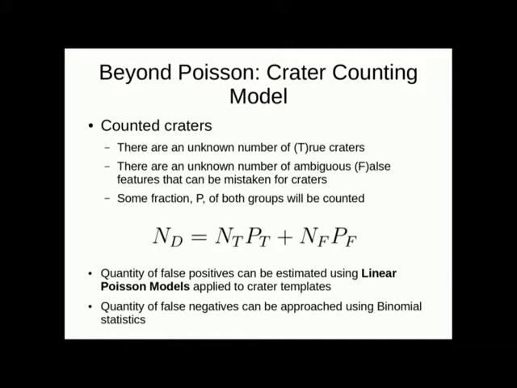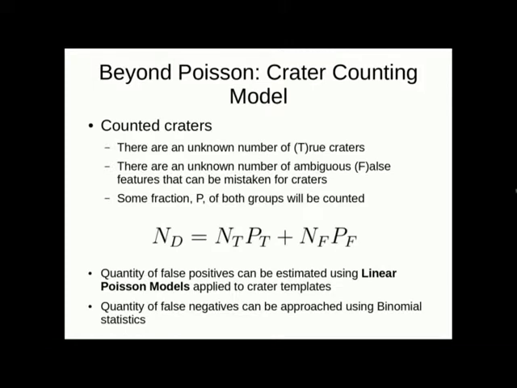Now, the only time we can trust N_D to be the true number of craters and then apply simple Poisson errors is the case where P_T, the efficiency of counting the true craters, is up at 100%. But also, simultaneously, P_F, the efficiency of counting false craters, needs to be down at 0%. Now, in practice, P_T is never 100% and P_F is never 0%, and the variability in these efficiency terms can account for the larger than Poisson errors seen in practice.